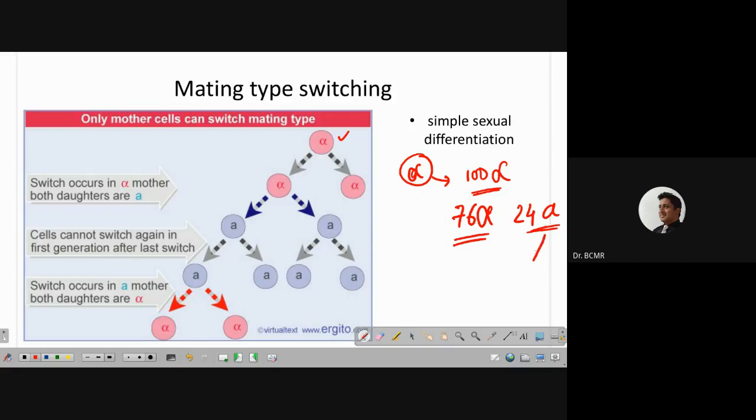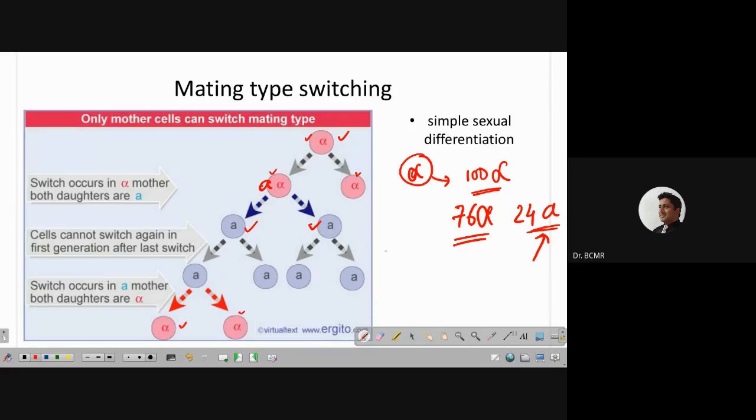How did A type come in there? That is the question. What happens is, alpha cell type gives rise to alpha cell type asexually, but somewhere some switching can happen. So one cell type, alpha, can switch to A type, and then it will keep giving A type cells. And again, somewhere down the line, an A cell can give rise to alpha cells.